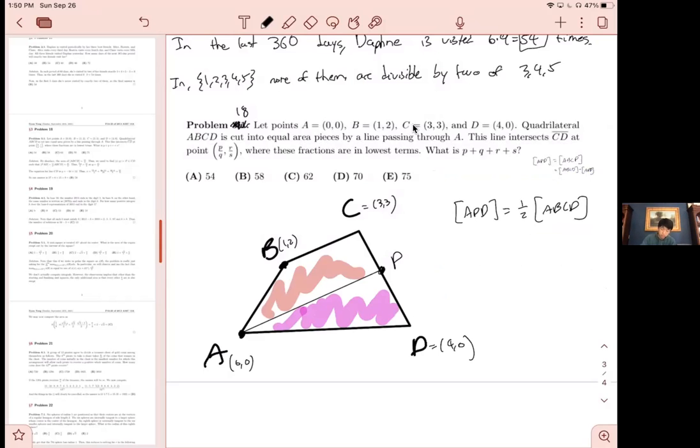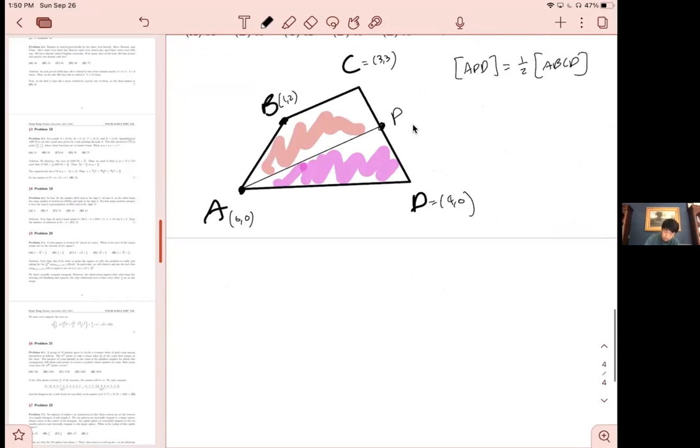There's tons of ways to do this. The way I first did it was the shoelace formula. The way shoelace formula works, I think most people should know what it is. You first take these diagonals and take the sum of the products. So that's like 0 times 2, 0, plus 1 times 3, plus 3 times 0, plus 4 times 0.